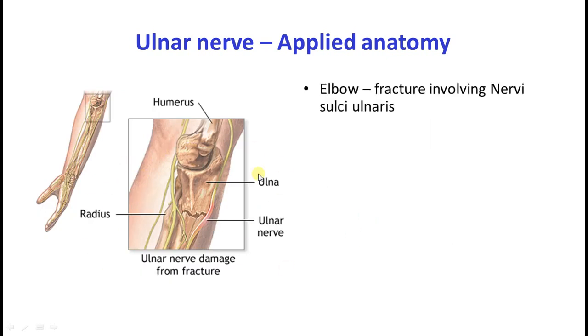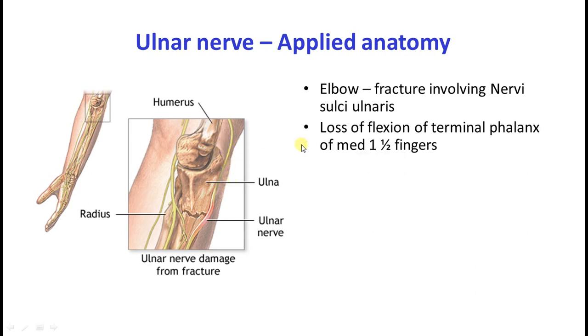So here you are able to see when there is a fracture even to the upper part of the ulnar bone or fracture involving the sulcus ulnaris in the elbow. So flexion of the terminal phalanx is lost in the medial 1.5 fingers, because the flexor digitorum profundus is not functioning.